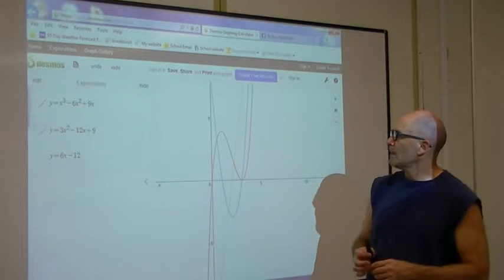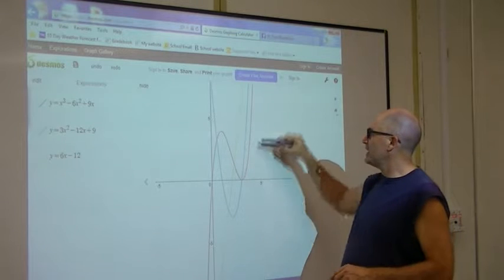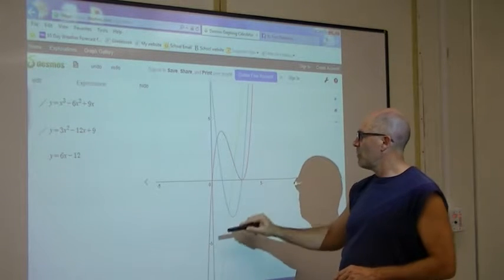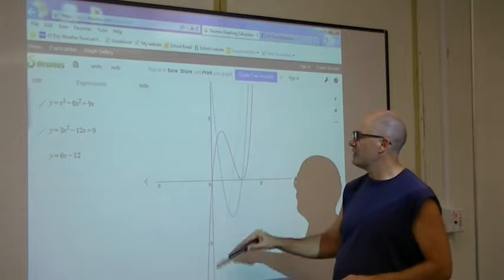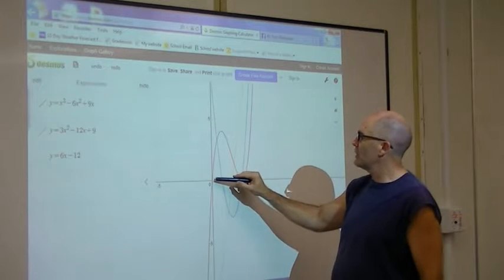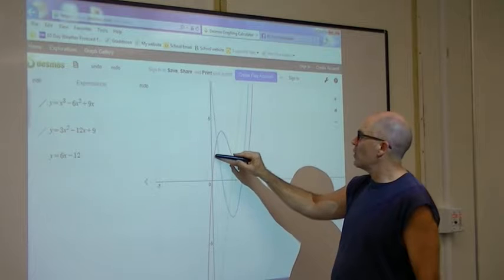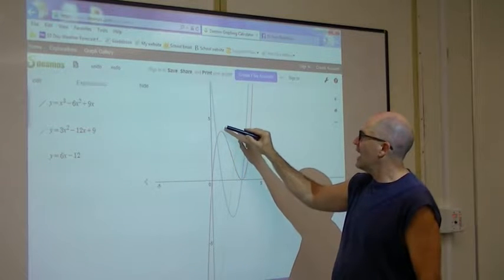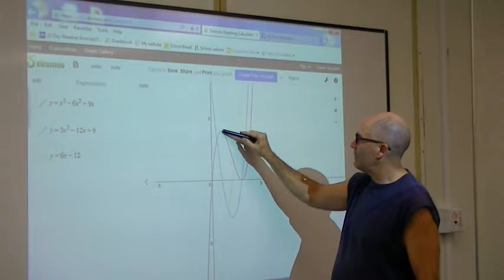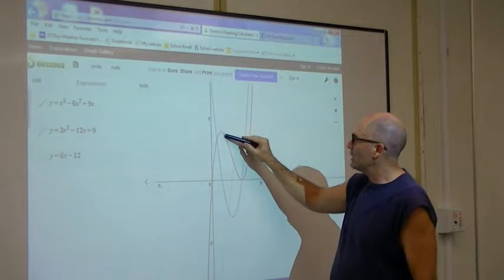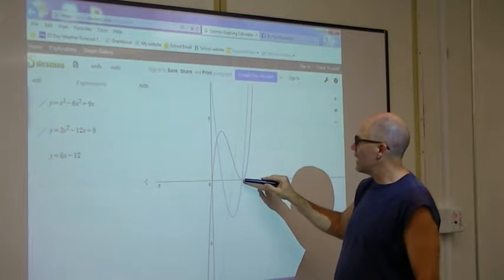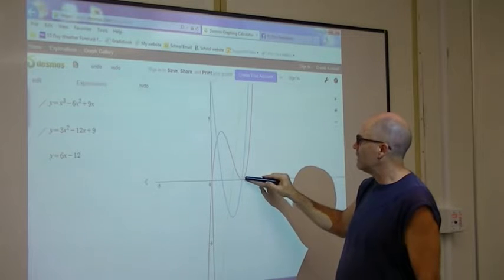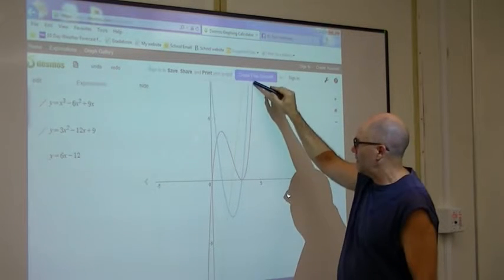So the red is my displacement. So my particle, if you start at 0, 0, let's say there is no negative time. So if we start at 0, 0, the particle begins to go in the positive direction. At some point in time, it stops going positive and starts going negative. And then another point in time, it stops going negative and begins going positive again.